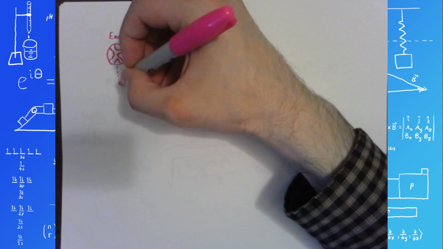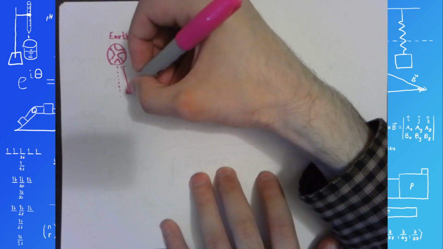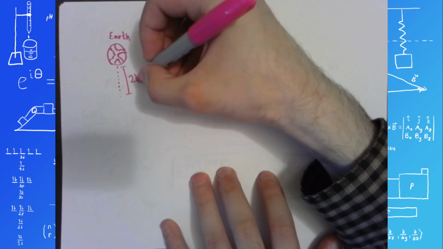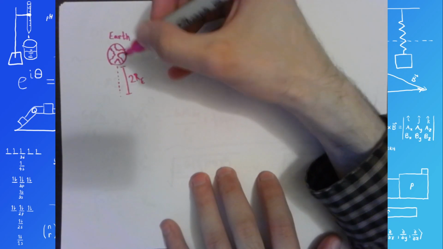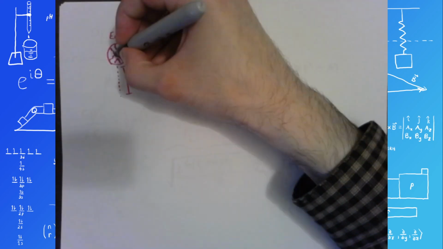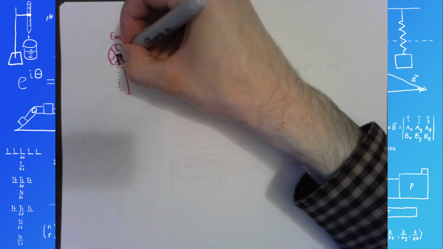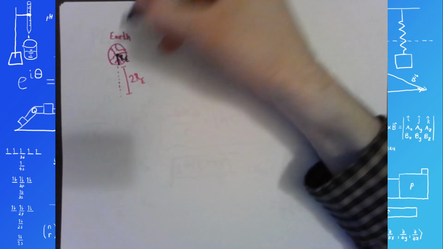So that's 1, and that should be about 2 Earth radii. 2 times the radius of Earth. And of course, the radius of Earth itself, maybe I'll draw it in a different color so it's easily seen. That would be 1 Earth radius right there.